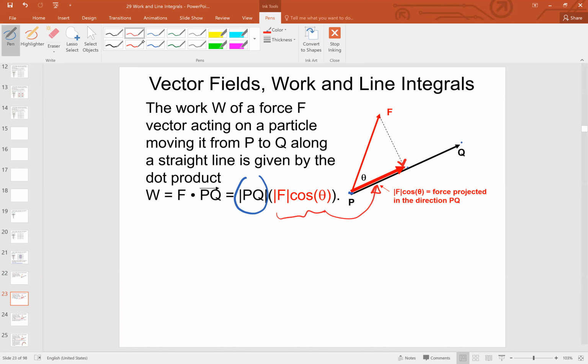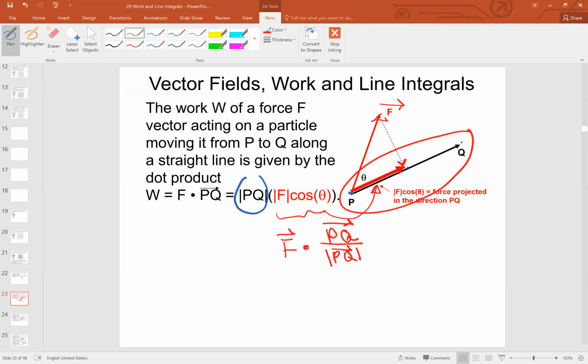But if you recall, this is also a dot product: the vector F dotted with the unitized vector of PQ, that is, the vector PQ shrunk down to length one.